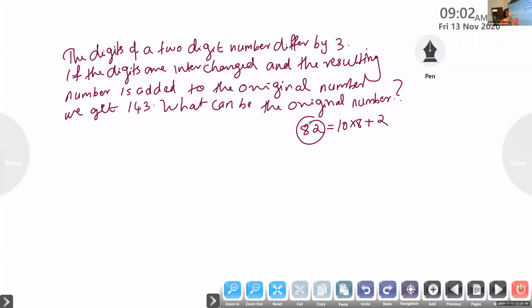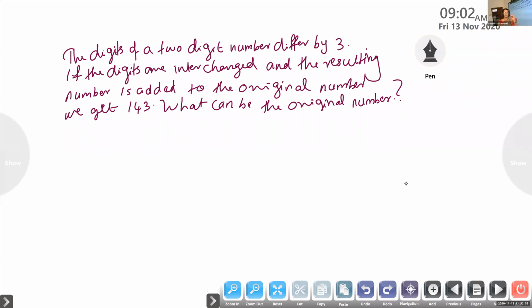And 56 can be written as 5 into 10 plus 6. Understood all of you?